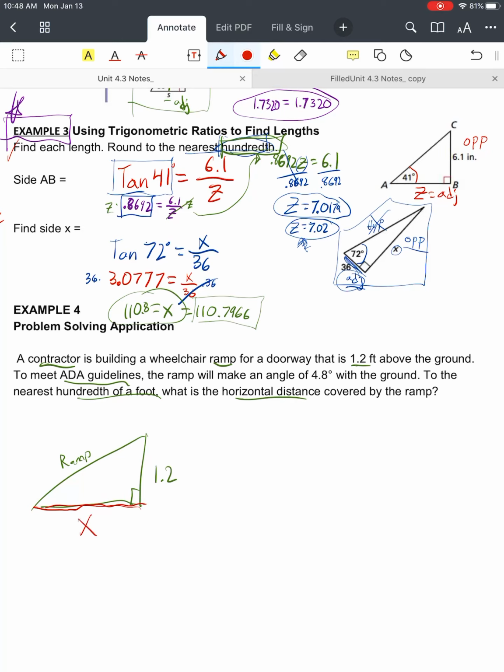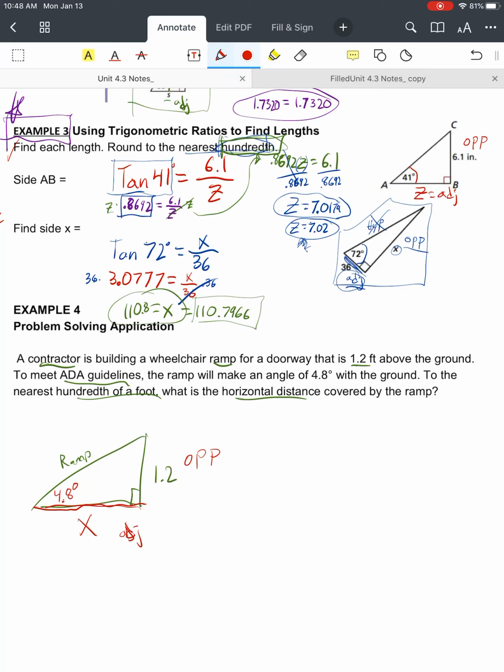We want to find this distance, the horizontal distance. This would be our x, and they tell us the legal requirement is this 4.8 degrees. I'm sure that is a very small angle because we don't want to slip on our ramp, especially if it's winter in Minnesota. I noticed that I have an opposite and an adjacent.